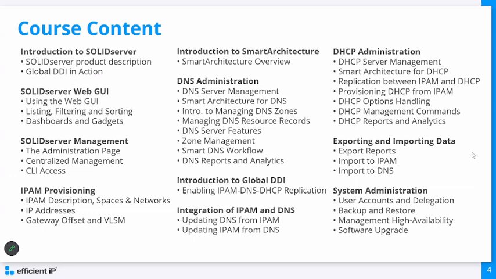Also in the training we did mention the best practice for you to manage DHCP is to integrate IPAM and DHCP. So if you have integrated IPAM and DHCP, you will manage the DHCP scope and range from IPAM.